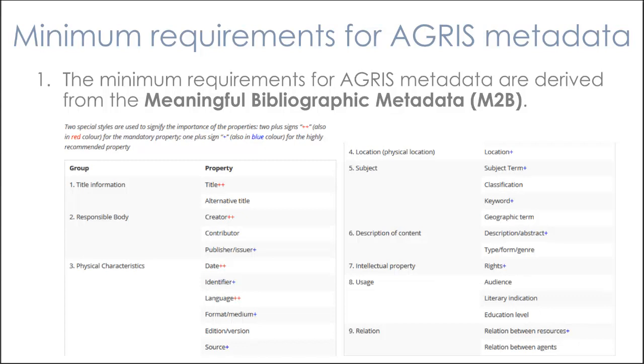And the needed properties might differ from content type to content type. Another property that we highly recommend is the URI to the resource.